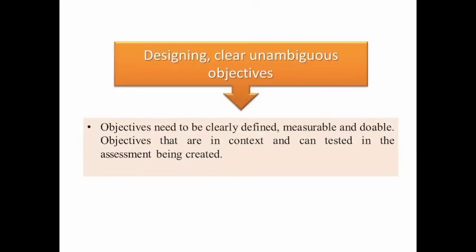With regards to the objectives, the objectives need to be clearly defined, measurable, and doable. So you can just say, for example, I want my students to speak English. This is a huge goal to measure.